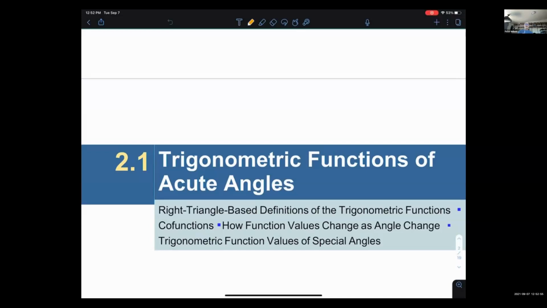We're going to define our trig functions again just by focusing on the triangles that you might have in that unit circle. So we're going to have what's referred to here as a right triangle based definition for the trigonometric functions.